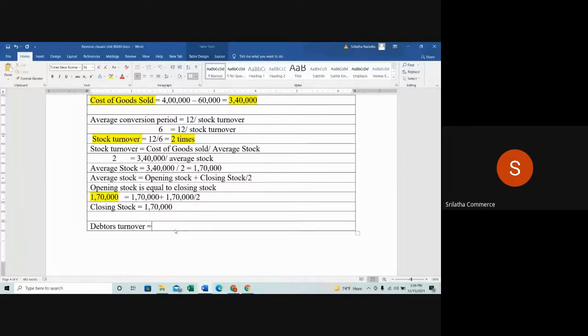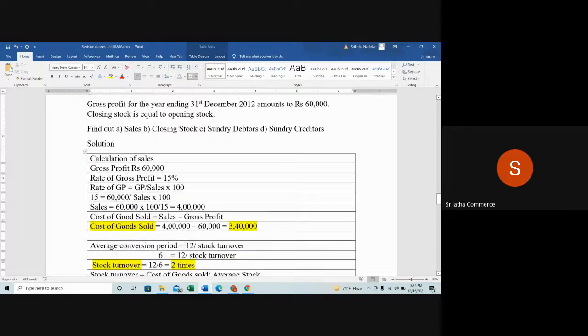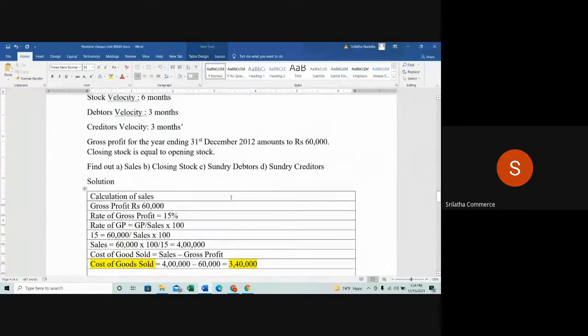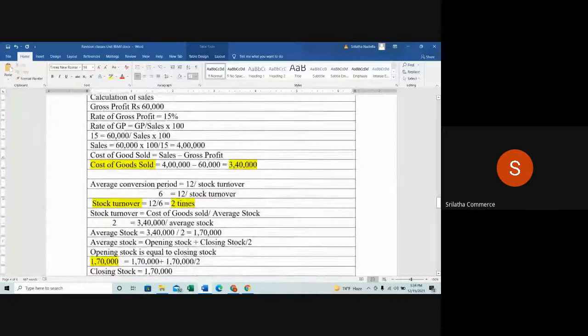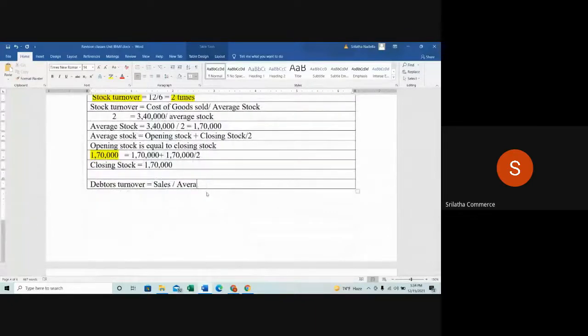What is the formula for debtors' turnover? Debtors' turnover is equal to sales, where you are going to take credit sales, by average or closing debtors, depending on the information. Now, here in this problem, we cannot calculate the average debtors because he had not given any opening debtors. So, here we'll take closing debtors.